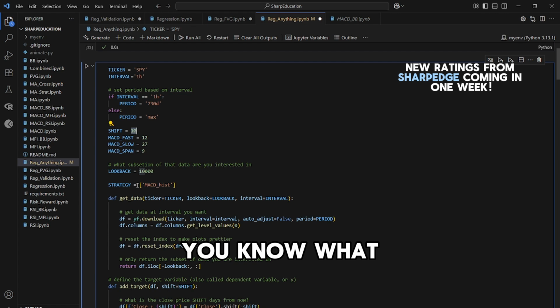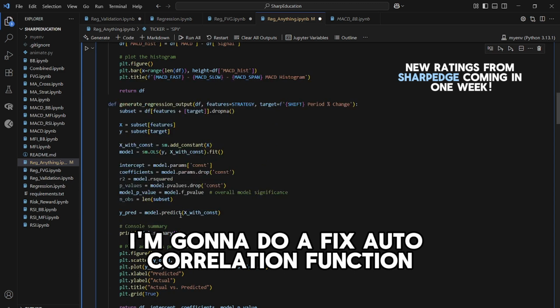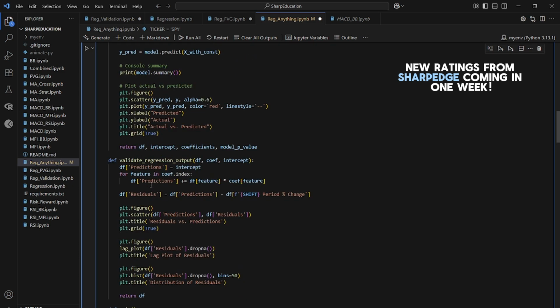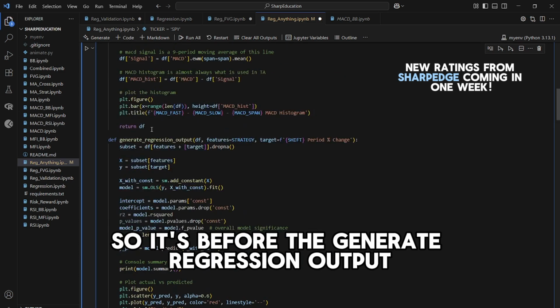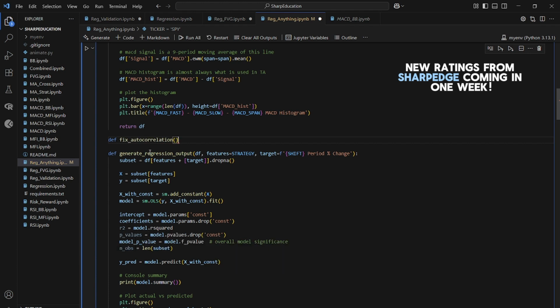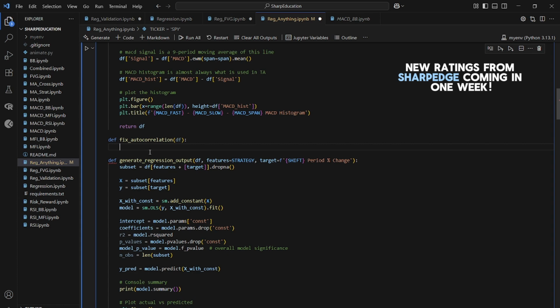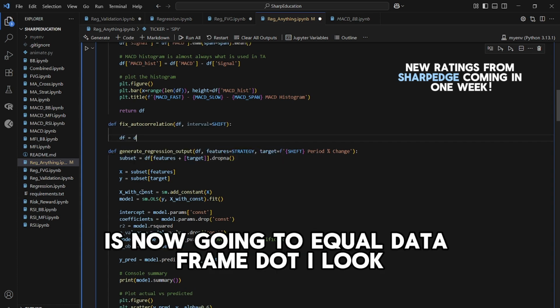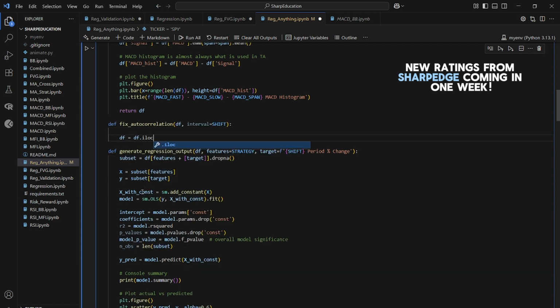You know what? Let's do that. I'm going to do a fix autocorrelation function. So before the generate regression output, I'm going to define fix autocorrelation. The data frame is now going to equal dataframe.iloc.